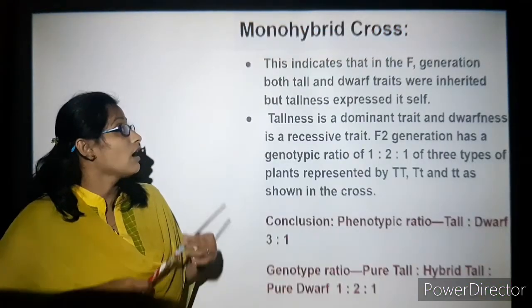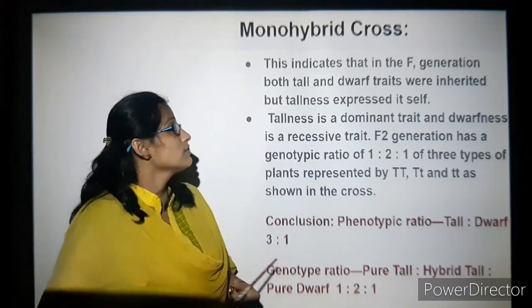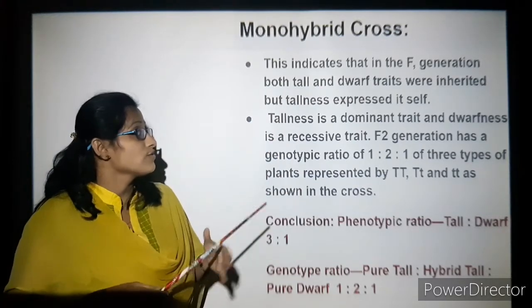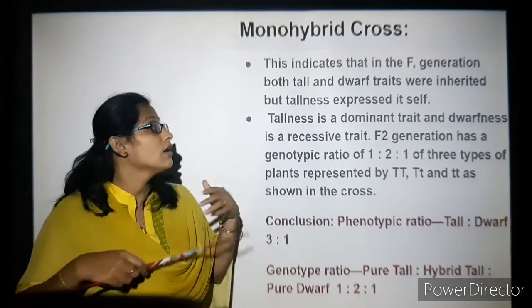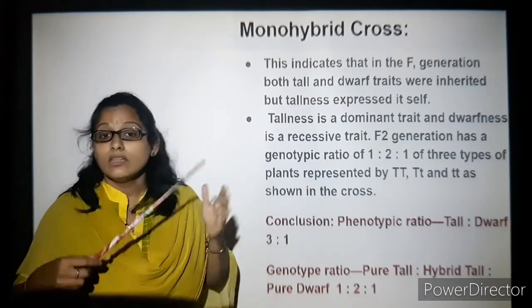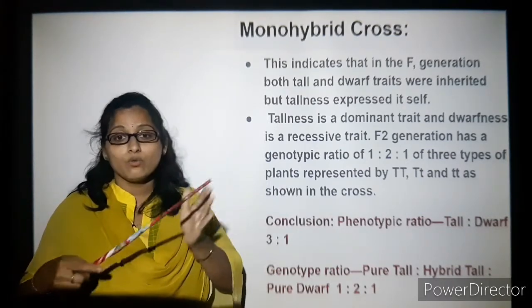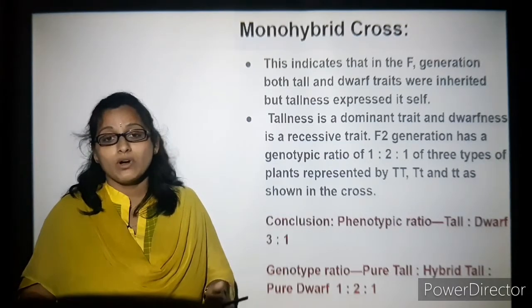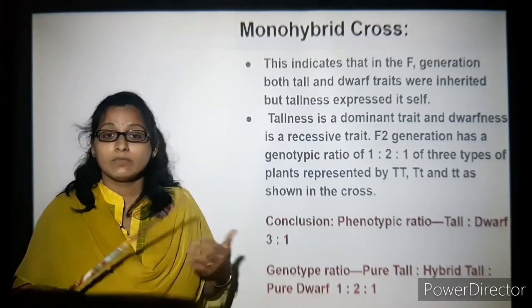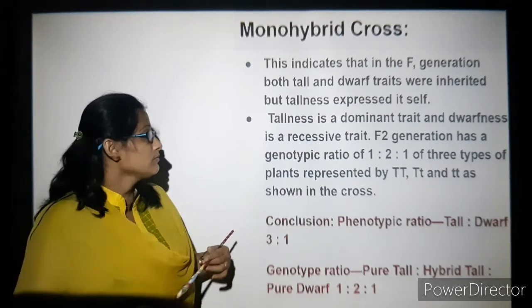So next we will understand that this indicates that in the F1 generation, both tall and dwarf traits were inherited. What was inherited? Both tallness and dwarfness were inherited, but only tallness was dominant or expressed in that particular plant species.